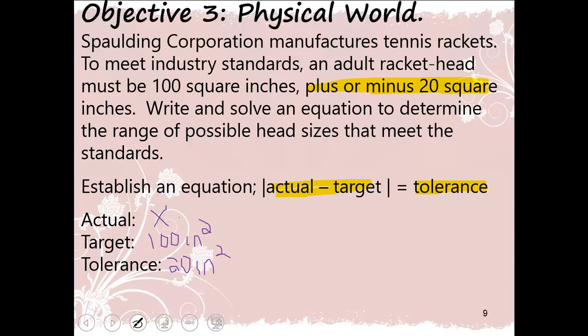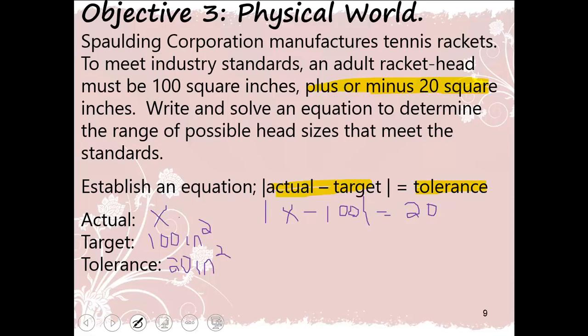All right, so here we go. We're going to plug this in, and we're going to have the absolute value of x minus 100 has to equal 20. And like with every absolute value equation, we have to bust this into two.